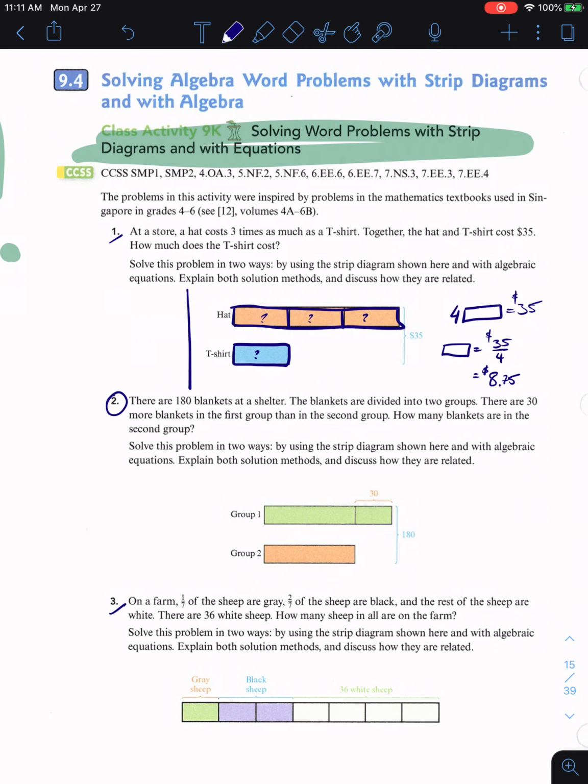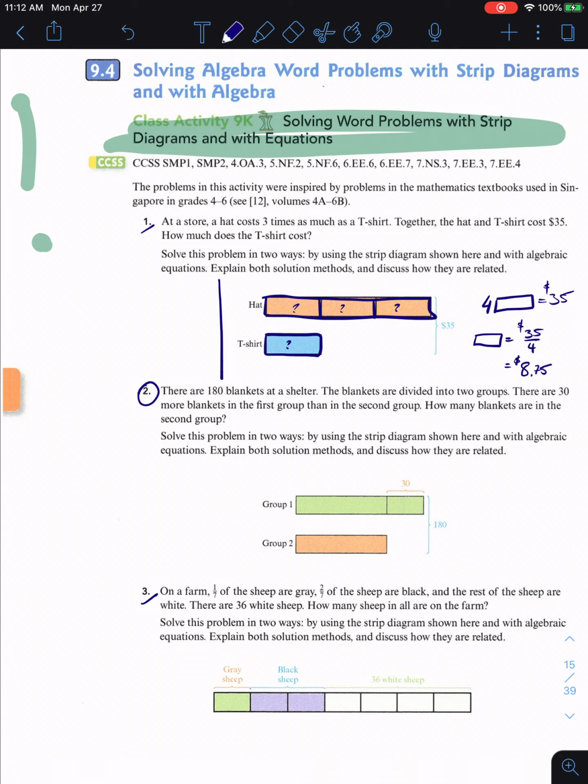However, if we want to use algebraic equations for this, we have a couple. So if the t-shirt is going to cost, let's say, $T, and the hat is going to cost 3 times as much, we could write it as 3 times T. We know that.